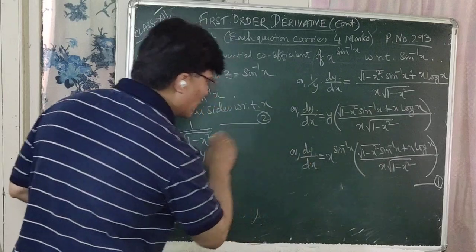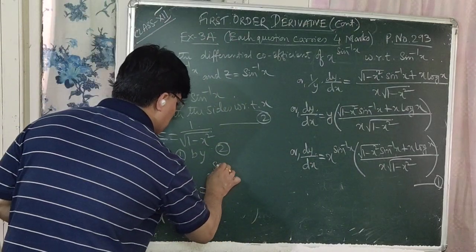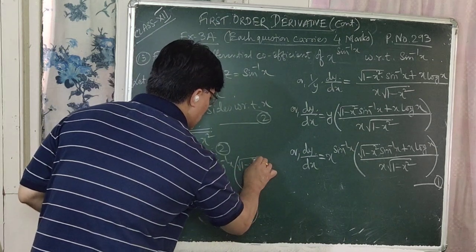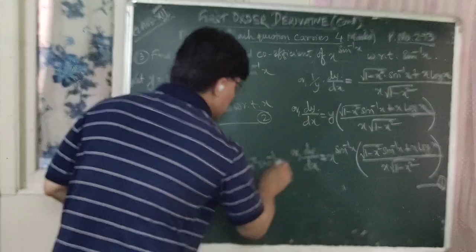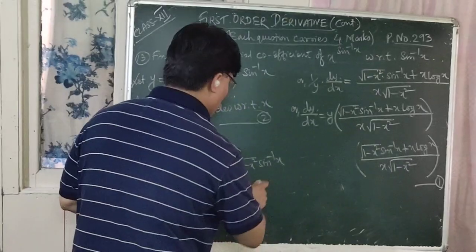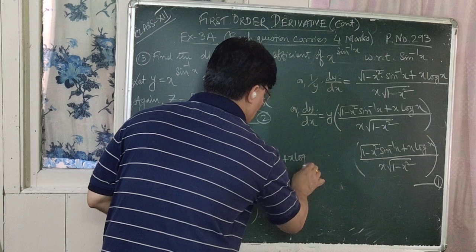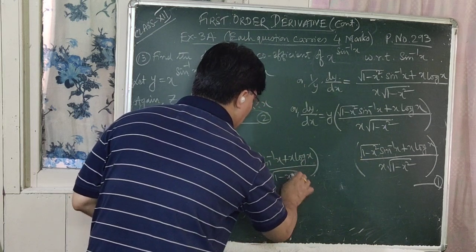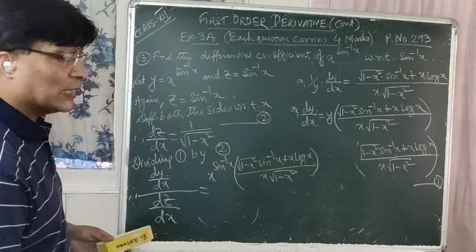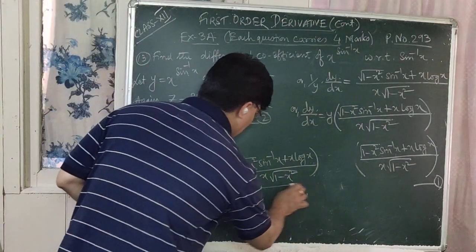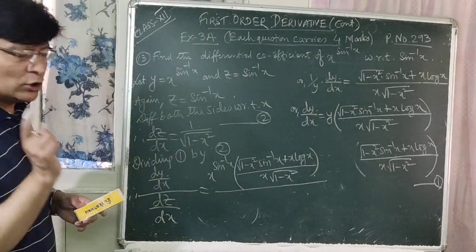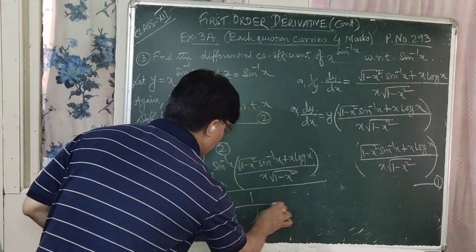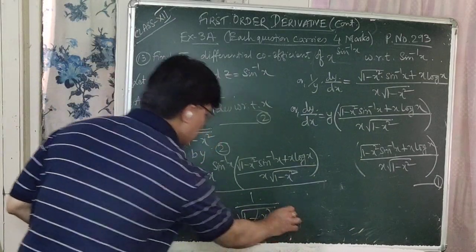Write down right hand side of number 1 in the numerator, that is x to the power sine inverse x within bracket root over 1 minus x square, this is sine inverse x, then next plus x log x, this whole divided by x root over 1 minus x square. This is the right hand side of number 1 divided by, now in the denominator what will you write? You write down right hand side of number 2 in the denominator, 1 upon root over 1 minus x square.